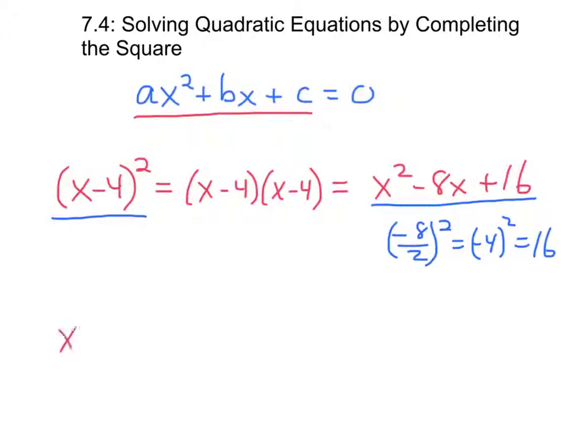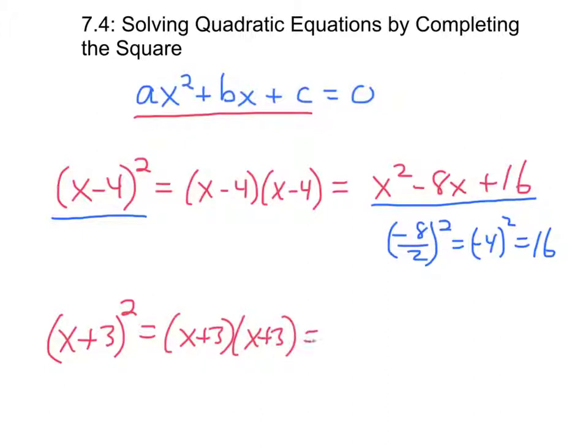Let's say we had x plus 3 in parentheses squared. When we FOIL that out, we'd get x plus 3 times another x plus 3, which would be x squared plus 3x plus another 3x. If you put those together, it's plus 6x plus 9.